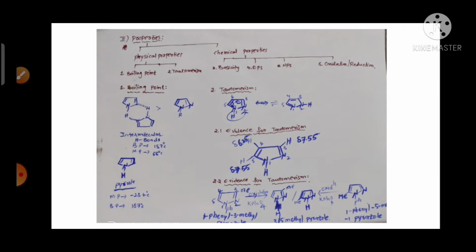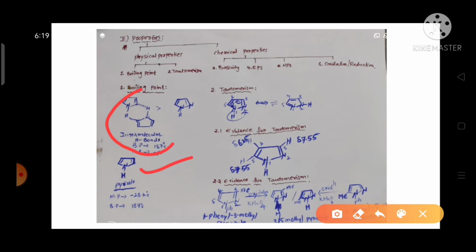The boiling point of the pyrazole is high compared to the boiling point of the 1-alkyl pyrazole, because in pyrazole intermolecular hydrogen bonds are present. As a result, its boiling point is high compared to the 1-alkyl pyrazole.